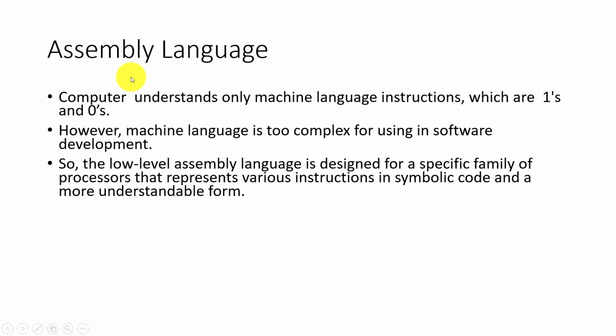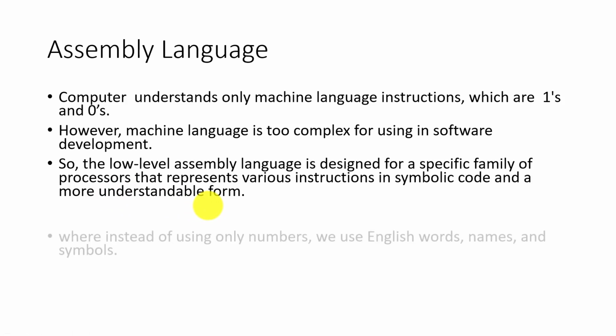Basically, assembly language represents the instruction set. The instruction set is in the form of symbolic code, also known as mnemonics, and these symbolic codes are simple English words, in a more understandable form that is readable by humans.